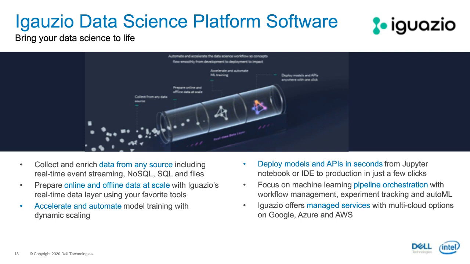Now, Iguazio is also targeted for very high performance environments. The hardware infrastructure that's used to run their real-time data layer, which is a key aspect in machine learning, as we talked about, leverages NVMe storage and is built on their own proprietary storage stack.